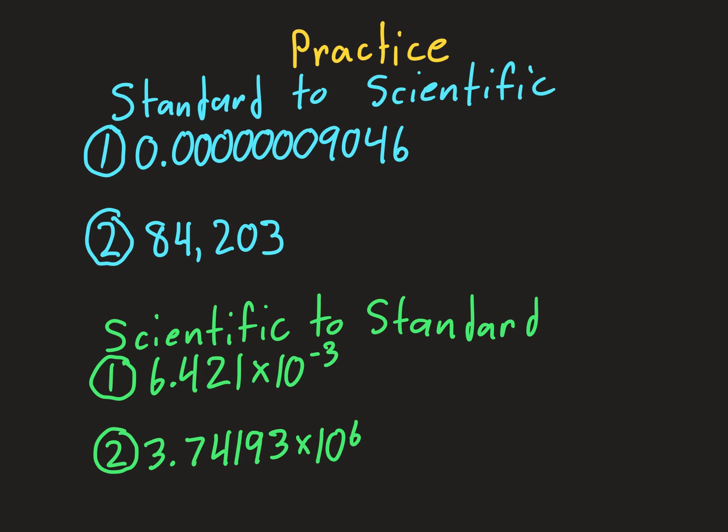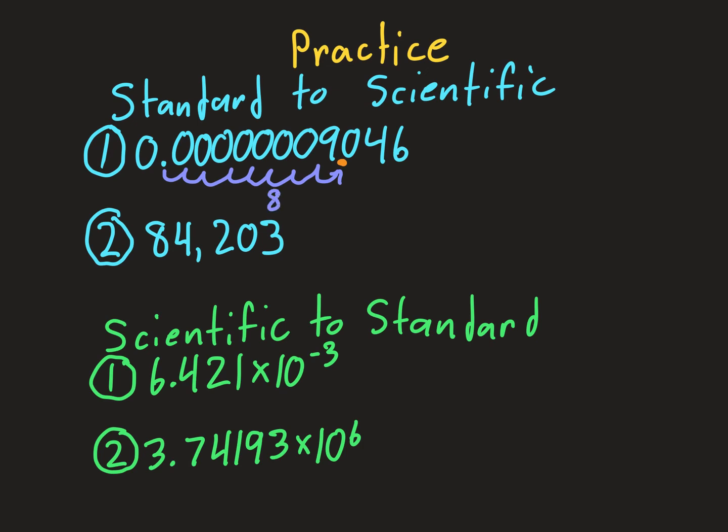So, for the first problem, let's convert from standard form to scientific form. In this case, we want to first figure out where our decimal is going to go. Our first non-zero digit is 9, so we're going to put the decimal to the right of 9. Now, how many places did we move the decimal to get to behind the 9? Well, we moved it 1, 2, 3, 4, 5, 6, 7, 8 places.